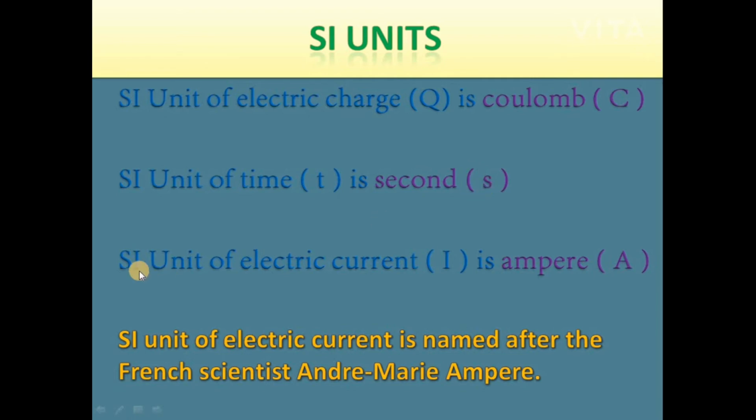And the SI unit of electric current I is ampere, represented by capital A.